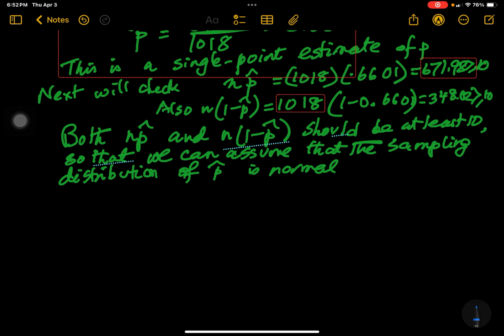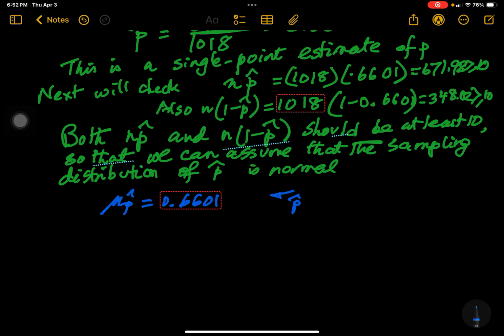First thing, before we do that, also remember our mu p hat is equal to 0.6601. We have to calculate sigma p hat, which will be in our calculator second button, x square. So second button and x square gives me the square root.